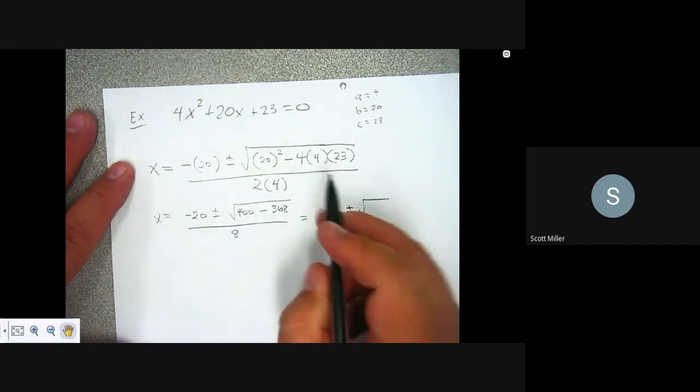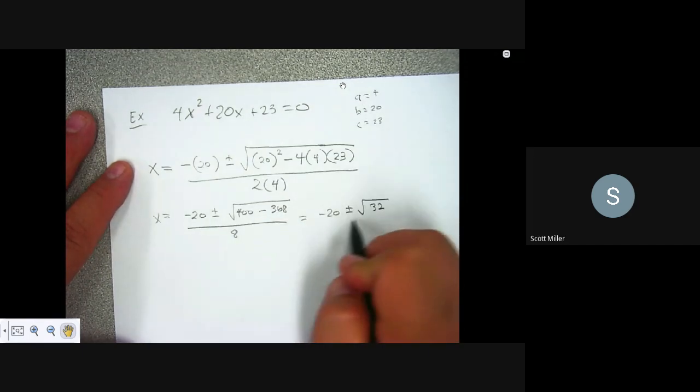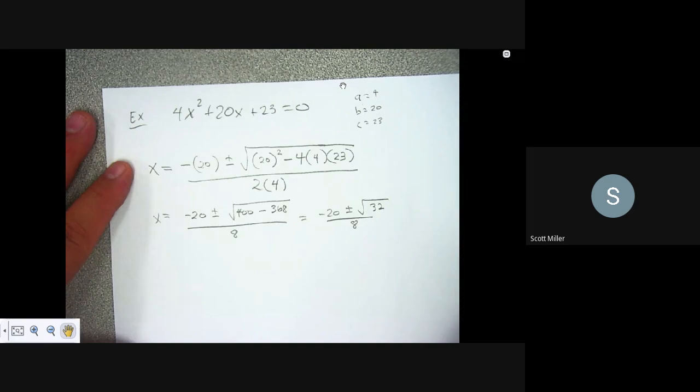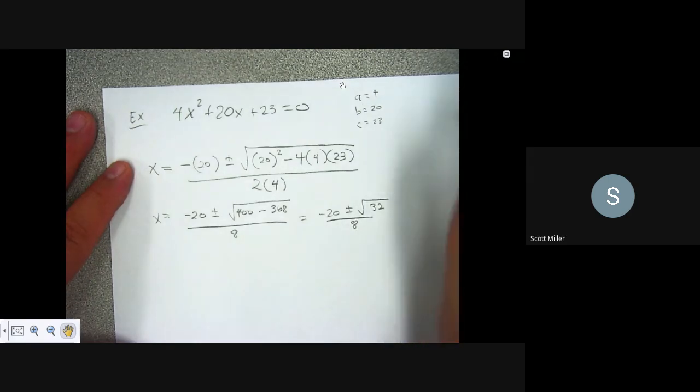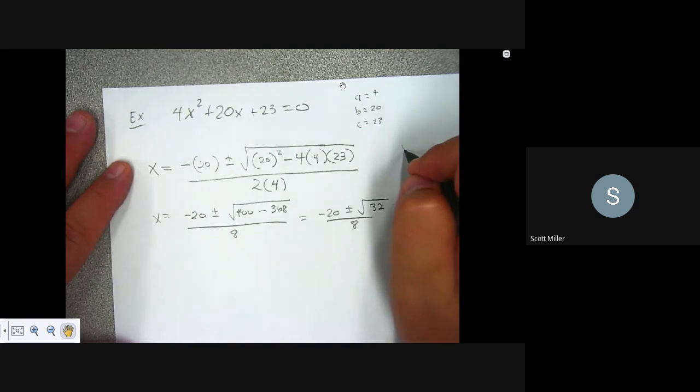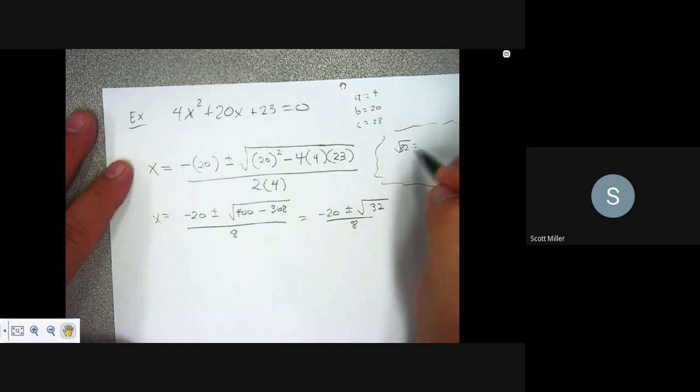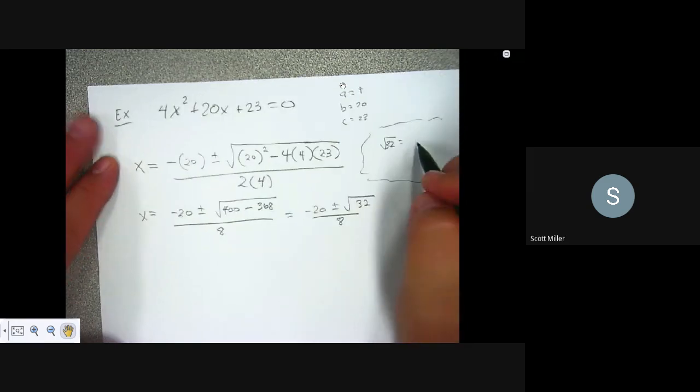Subtract those two things, I get 32. Now you need to simplify the square root of 32. So a little side action going on over here. 32. And a perfect square that goes into 32, the biggest one is 16. So this is the square root of 16 times the square root of 2, or 4 times the square root of 2.